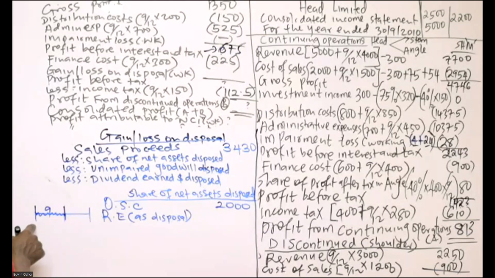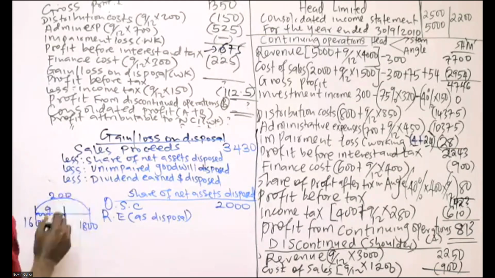So we have the balance brought down for Shoulder, which is 16. At the end is 18. Profit for the year is 200. So to get it as at disposal date, we say 16 plus 9/12 times 200, or 18 minus 3/12 times 200.